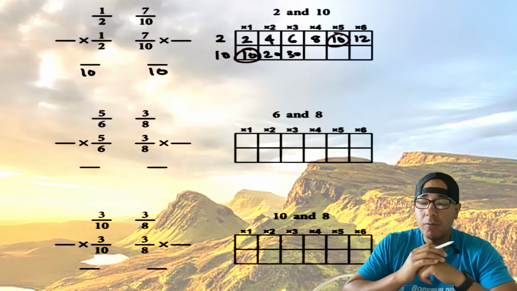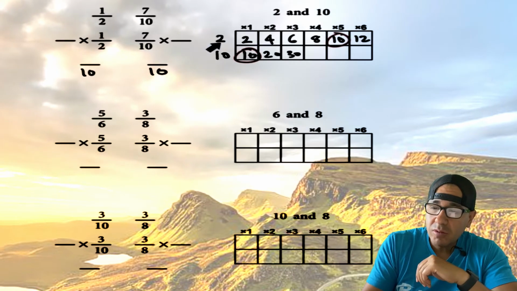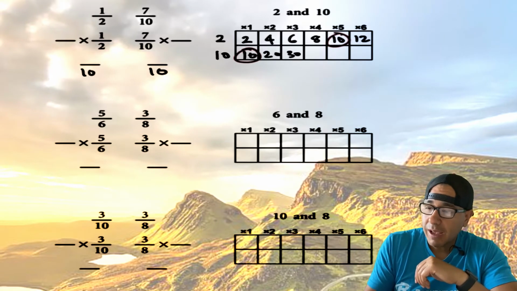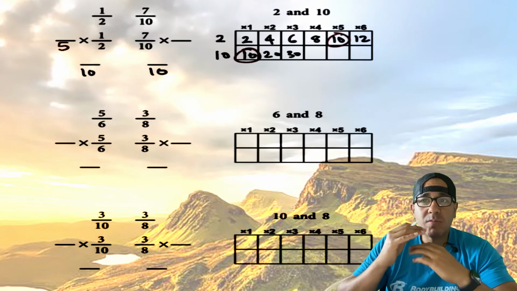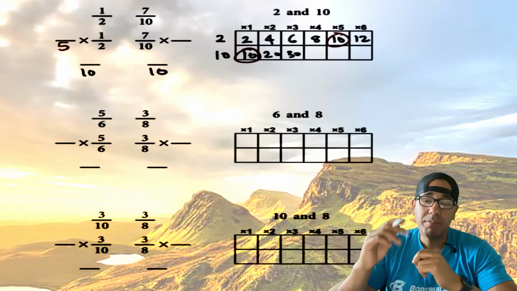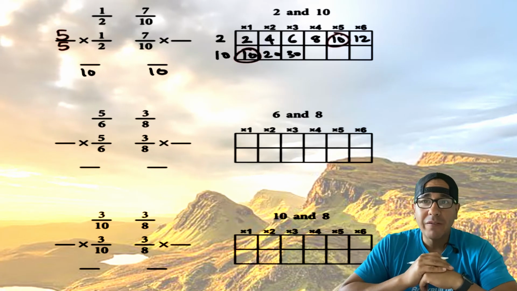That's our goal. Well, what's nice about this chart is, look, we multiplied 2 times 5 to get that 10. So we're going to multiply the 2 times the 5. But we can't just multiply the bottom by 5. Whatever you do to the bottom, you do to the top. So we're also going to multiply the numerator by 5.